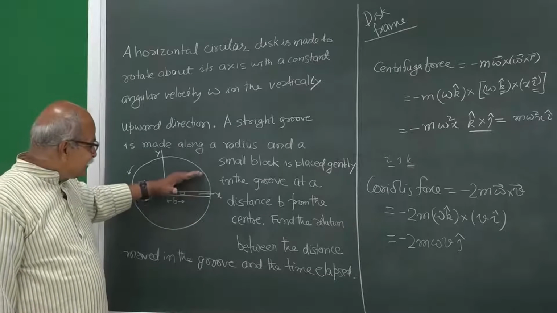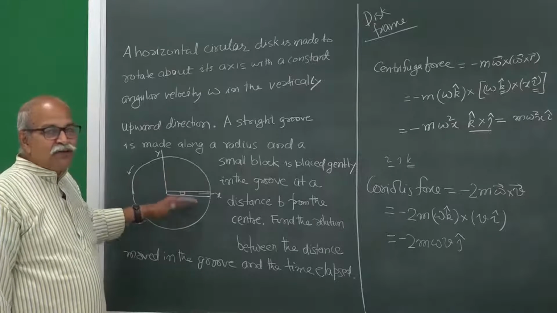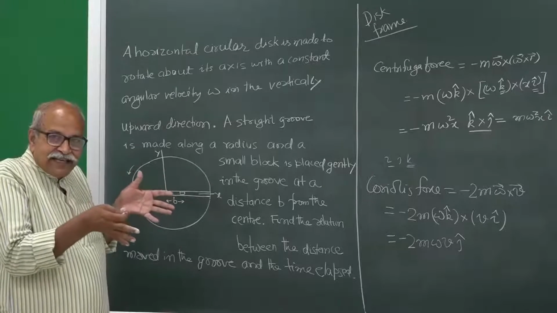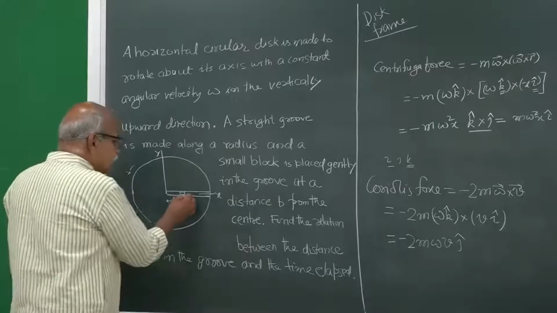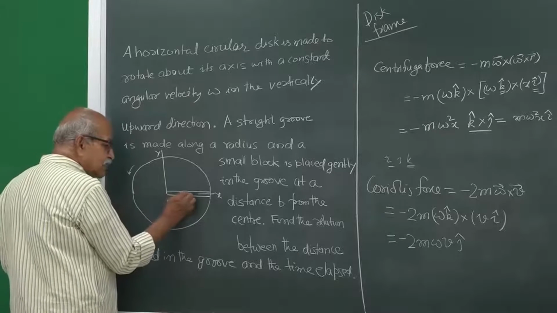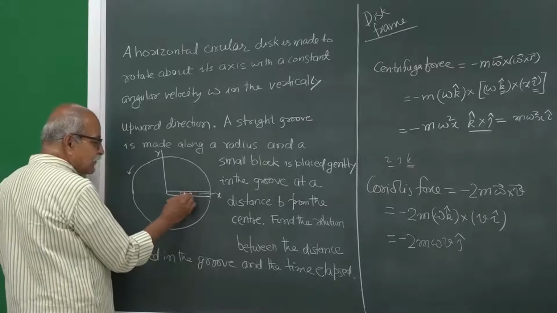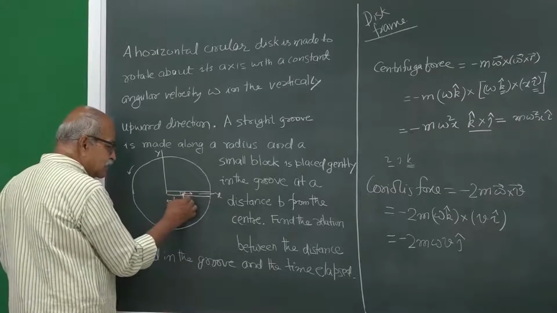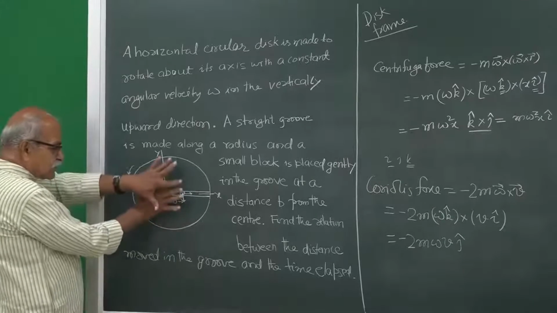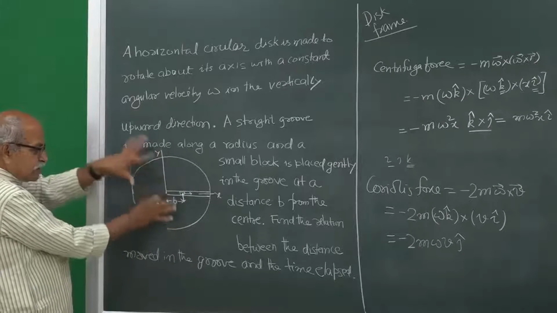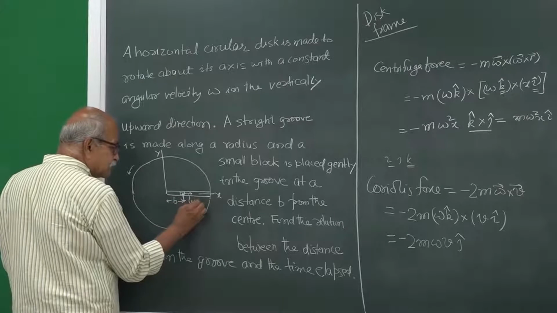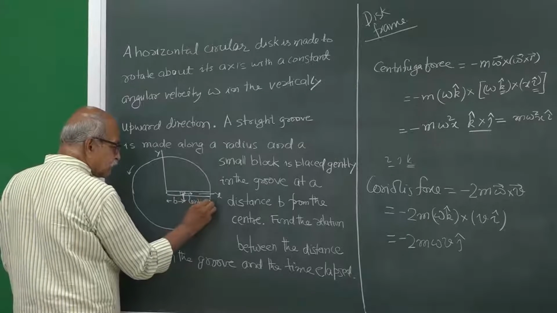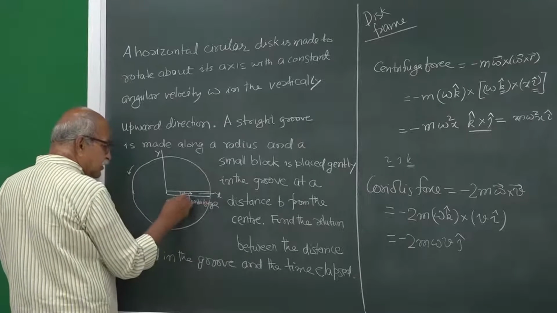But in the negative y direction, there is no motion because of the groove walls, and hence you have yet another force by the wall. This is the centrifugal force, this is 1, and this is the Coriolis force, this is 2. Remember, this is horizontal, I am drawing everything in the horizontal plane.